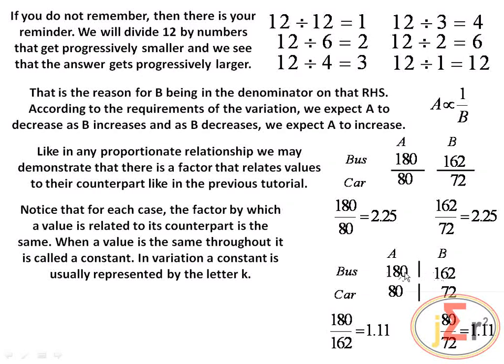These two times are the times that the bus alone travels. So we are looking at just the bus alone. And if we divide as we did before, we will get 1.11, and if we do the same for the car, we will get 1.11, which is, of course, another constant value.